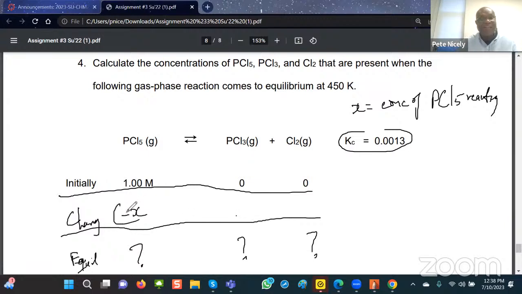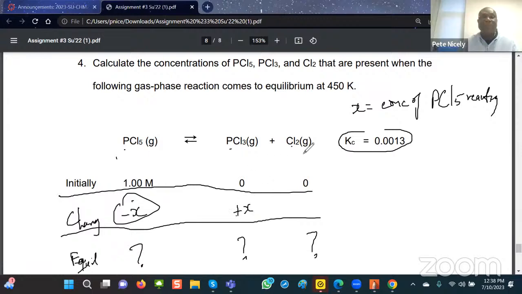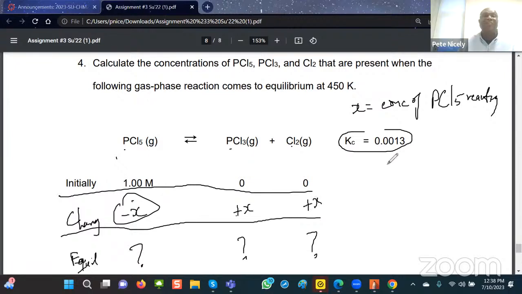If the change here is minus X, and this is a 1:1:1 ratio, what would be the change? Plus X. Exactly, plus X, right? And what would be the change for chlorine? Plus X as well. Okay, good.